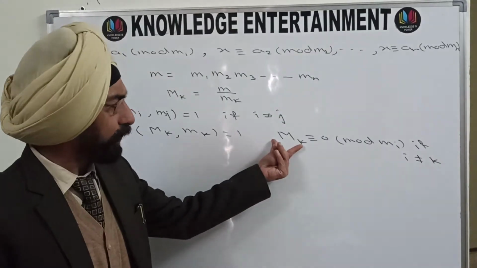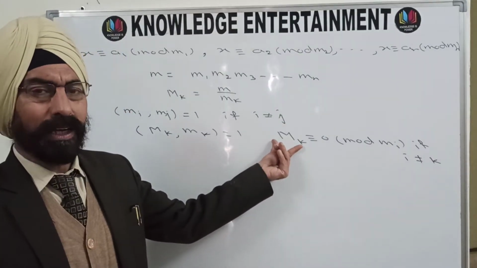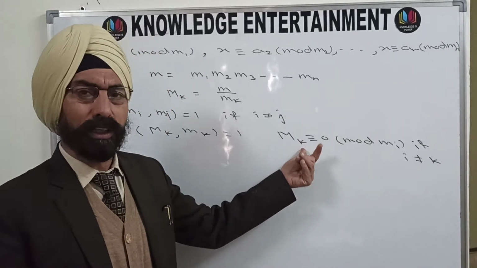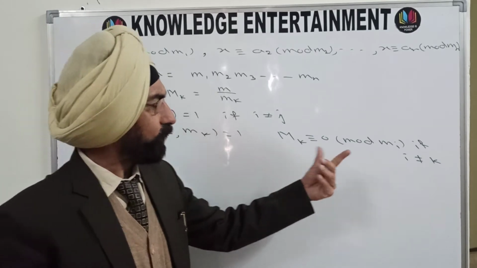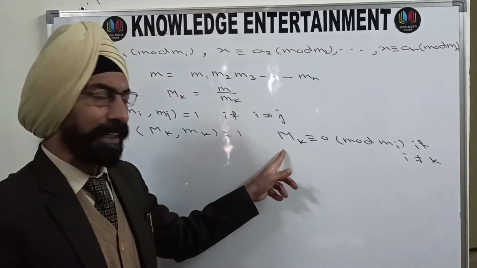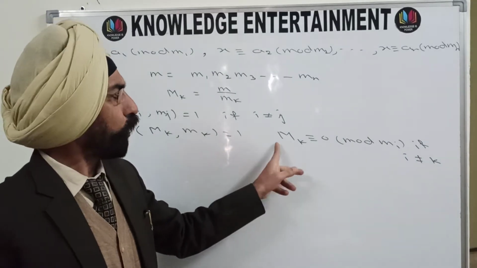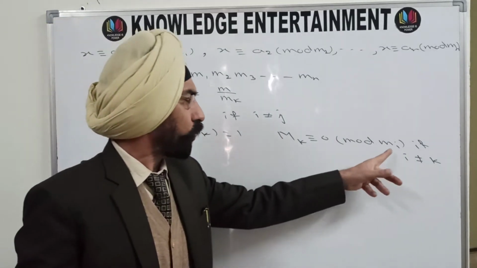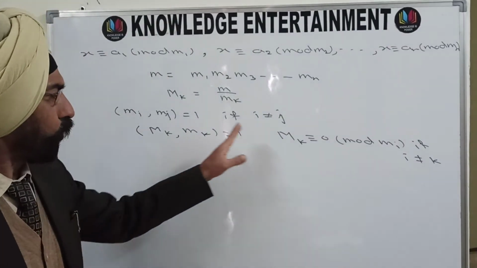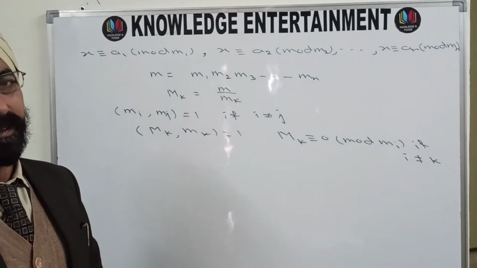Because in Mk you have a product of small mi's; the particular small mk is not there, but all the others are. So if you take some i other than k, then small mi will divide the product, and the product minus 0 is the product itself. So Mk will be congruent to 0 modulo mi.